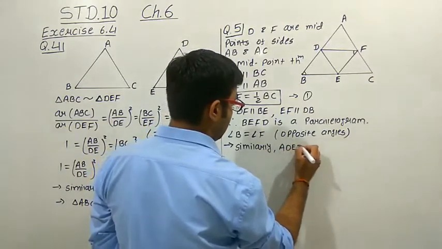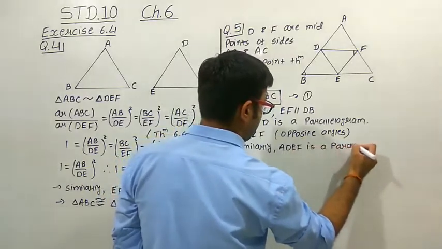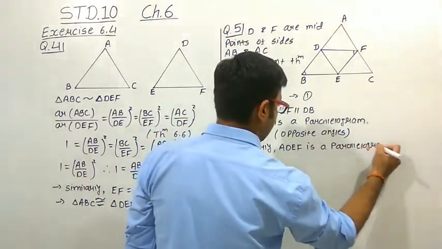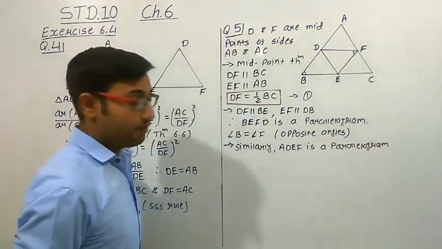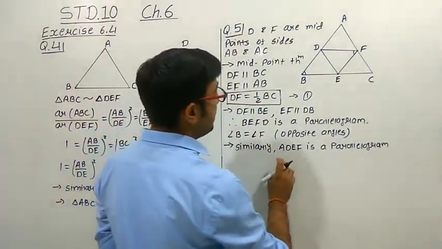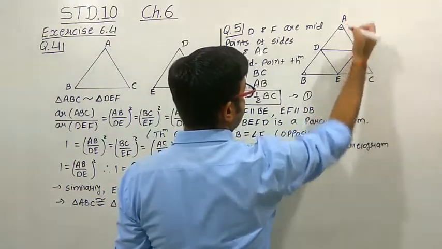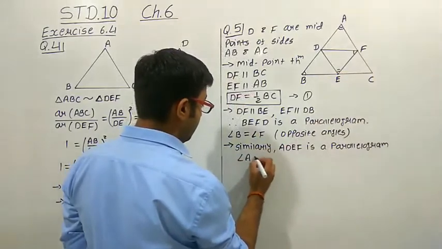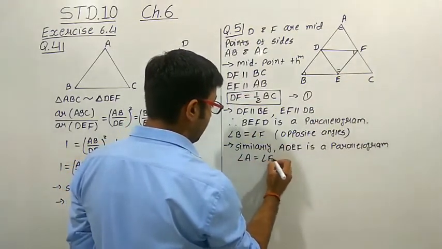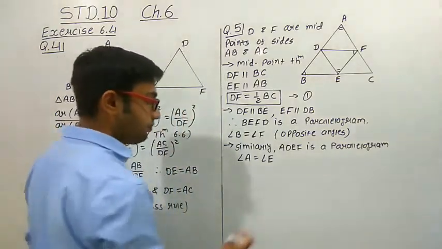So when ADEF is a parallelogram, angle A will become equal to angle E. Again, the reason is opposite angles of the parallelogram.